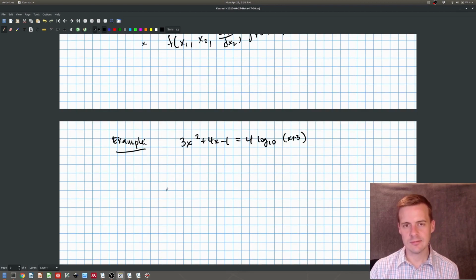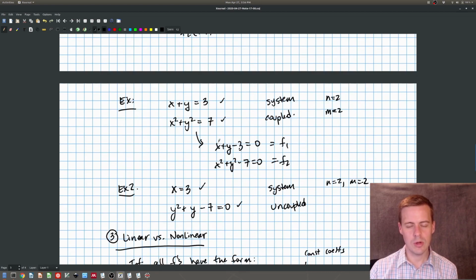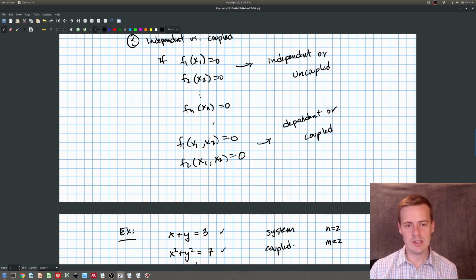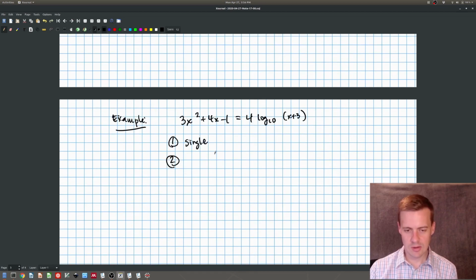Hopefully you paused it and answered it for yourself. Let's look at what it is. The first one, single versus system: it's clearly a single equation, not a system of equations, just one equation. Second, is it coupled or uncoupled? That doesn't make any sense because it's not a system, so we can't do that.